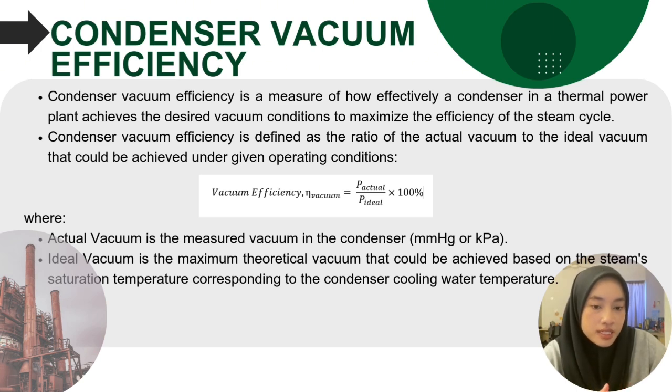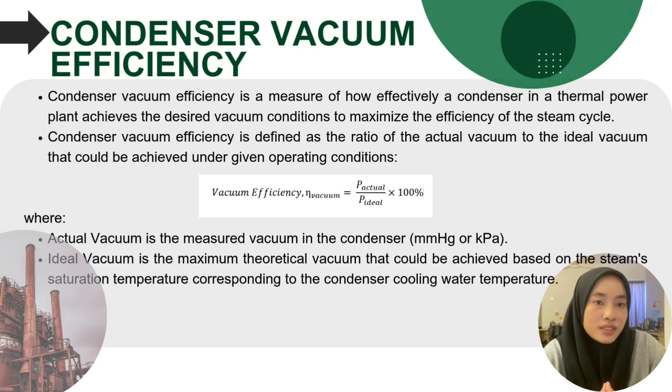Condenser vacuum efficiency is defined as the ratio of the actual vacuum to the ideal vacuum that could be achieved under given operating conditions, which is vacuum efficiency equal to P actual over P ideal multiplied by 100%, where actual vacuum is the measured vacuum in the condenser, in millimeter mercury or kilopascal units, and ideal vacuum is the maximum theoretical vacuum that could be achieved based on the steam's saturation temperature corresponding to condenser cooling water temperature.